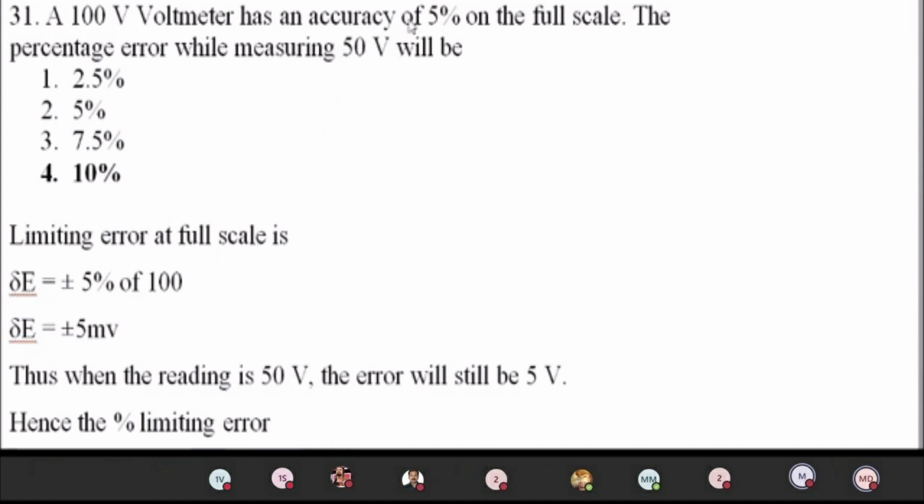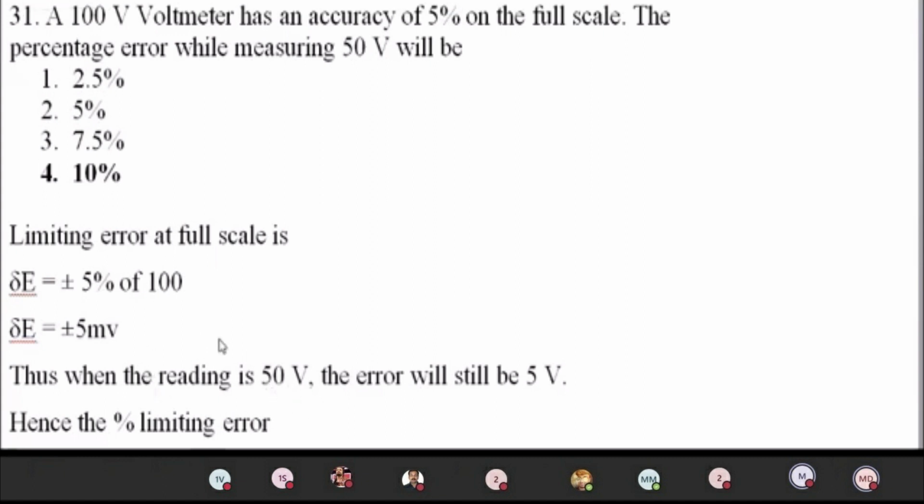It is given in the question: accuracy of 5% on full scale value of 100 volt.